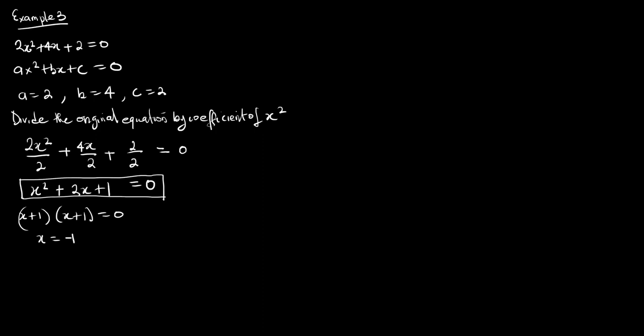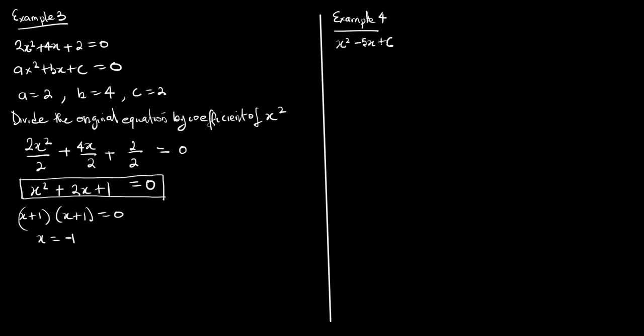So again, this proves that this works, right? Let's take one more example. This time around, we'll introduce a negative sign somewhere. So let's look at example 4 now. Let's say we have an equation like this: x squared minus 5x plus 6 is equal to 0.